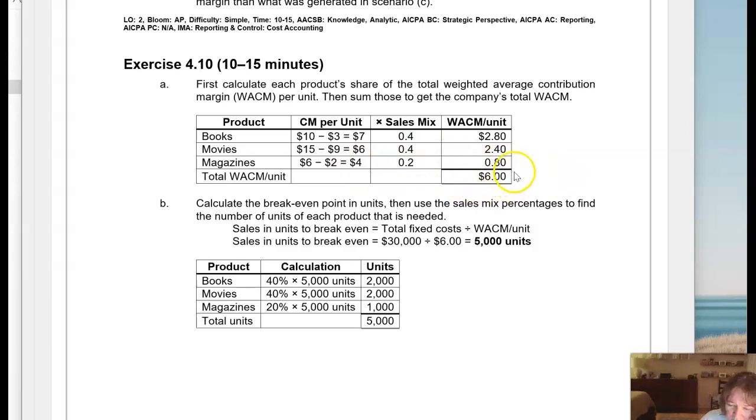There's our weighted average contribution margin per unit, the $6. We took the fixed cost, divided it by the $6 to get a 5,000 unit break even. Then you had to figure out, if it's 5,000 units, how many books will I sell, how many movies, and how many magazines? So I'll take those 5,000 units and multiply it times the sales mix percentage.